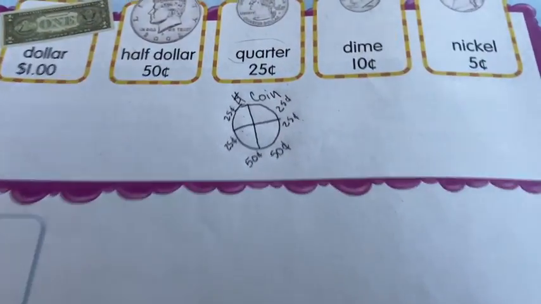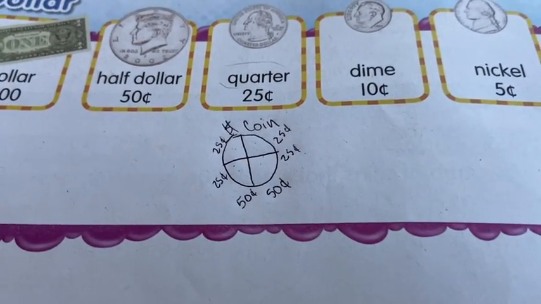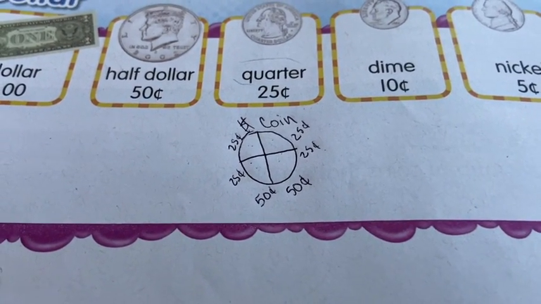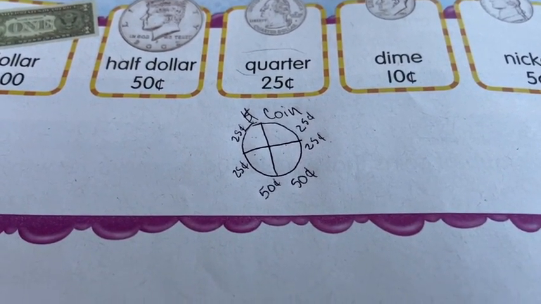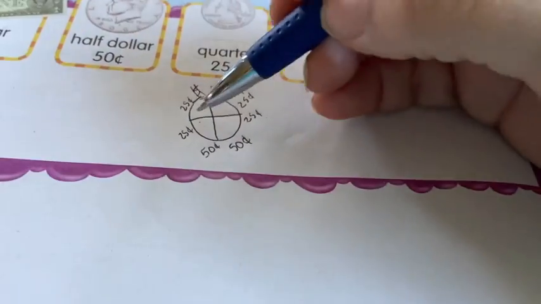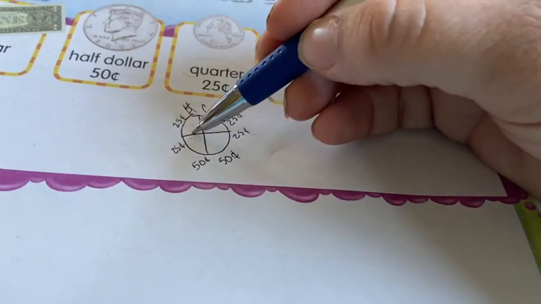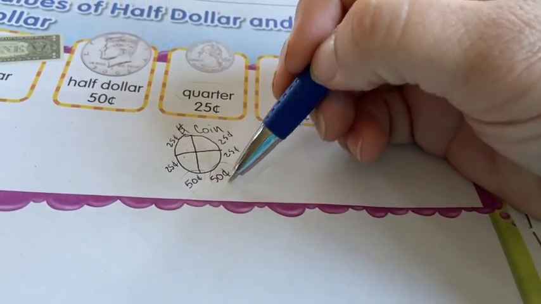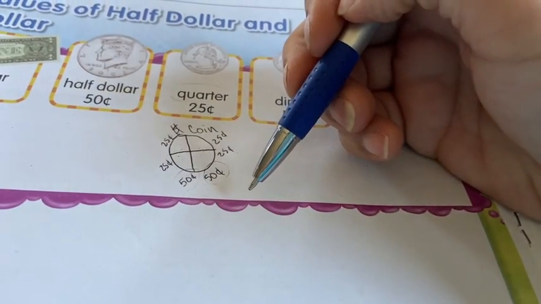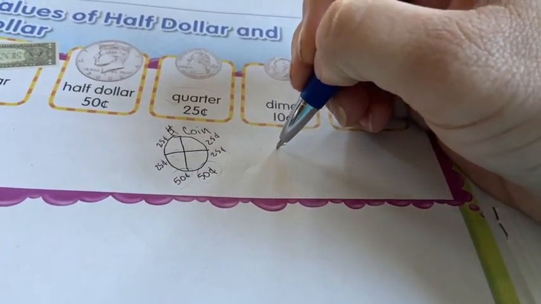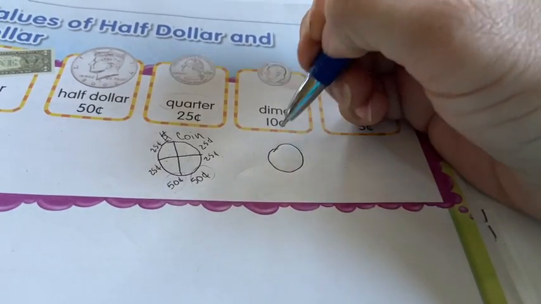If the 4 pieces are 25 cents, that means 4 quarters equal $1. If we said just half, that means 2 of the $50 equal $1. So why don't we separate it out so you can see it a little bit better.